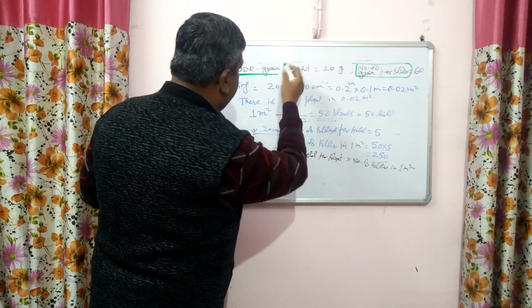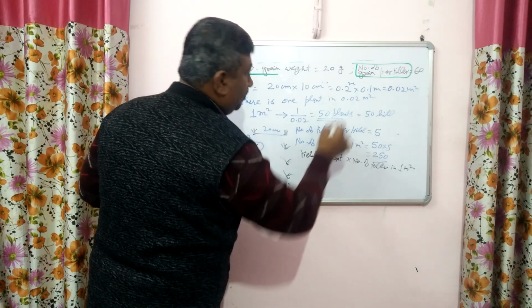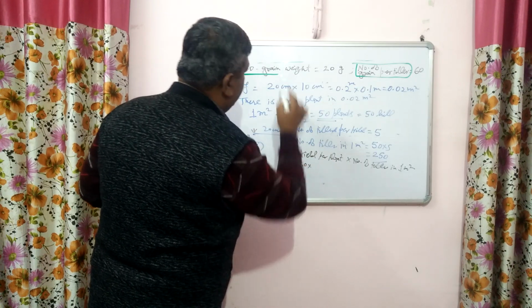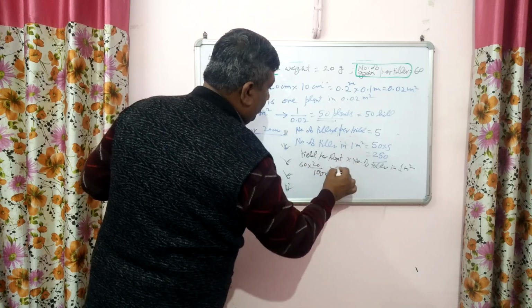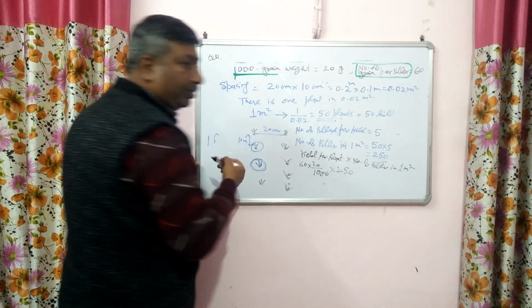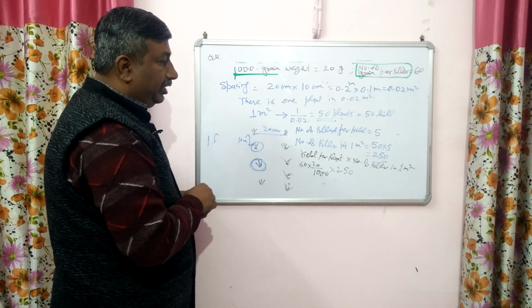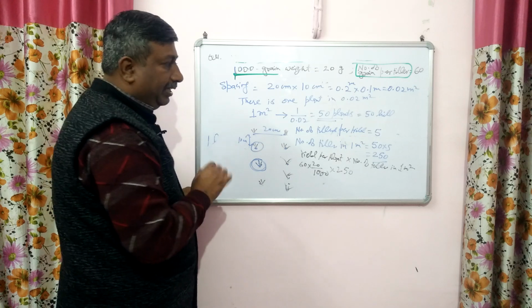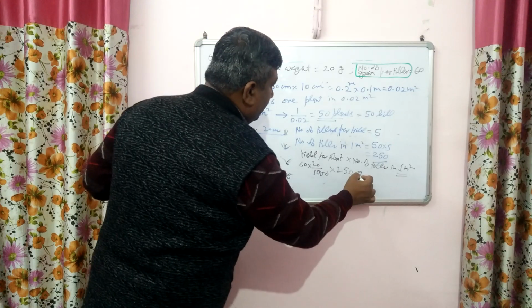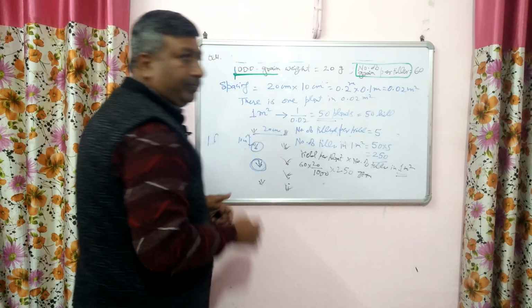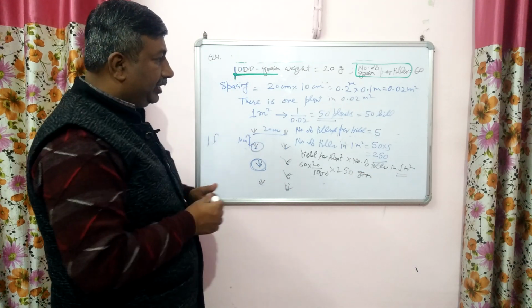So yield per plant, number of grains per tiller 60, by that is 20 upon 1000, then it is 250. So in this manner you can calculate. This is the yield in 1 square meter area, because number of tillers in 1 square meter area, and it is in gram.